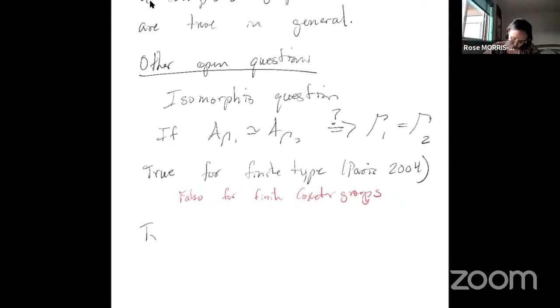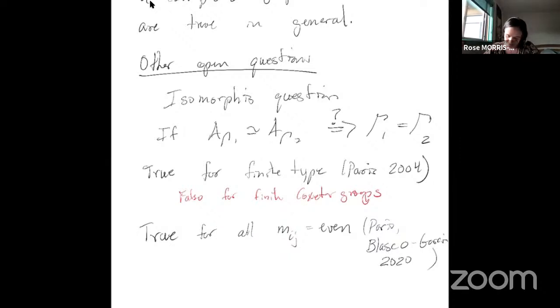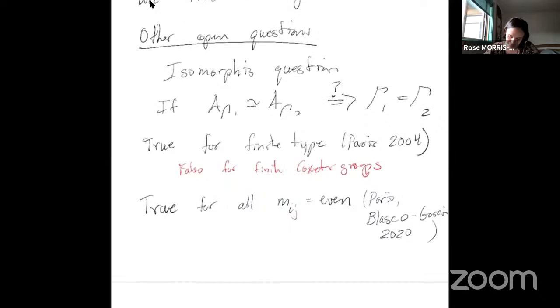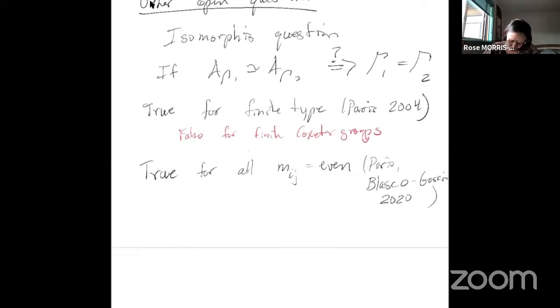So this statement is true for even Artin groups, right? So for all m_ij equal to an even number. This is by Paris and Blasco Garcia. This is a very recent result. I think this is last year or maybe even this year.